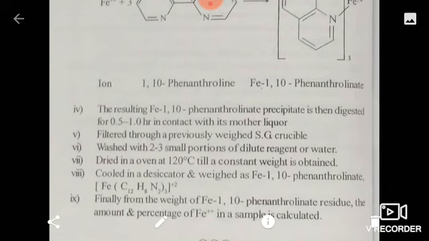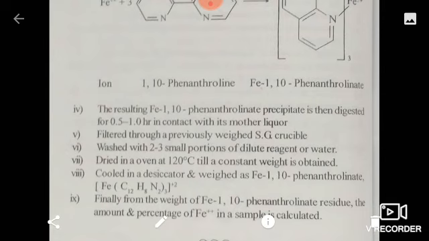its mother liquor, filtered through the previously weighed sintered glass crucible, washed with 2-3 small portions of dilute reagent solution, dried in an oven at about 120 degrees Celsius till a constant weight is obtained, cooled in a desiccator and weighed as Fe(C12H8N2)3.